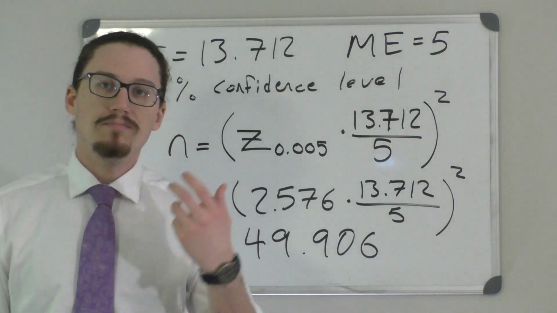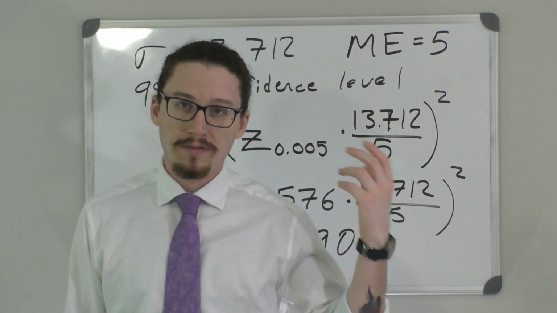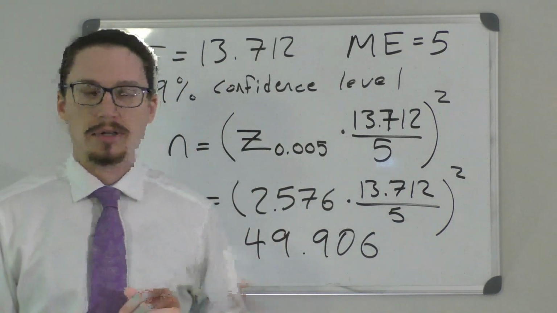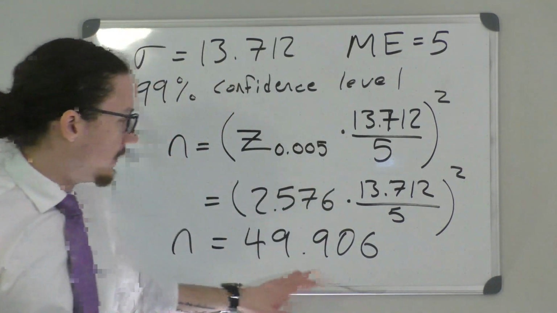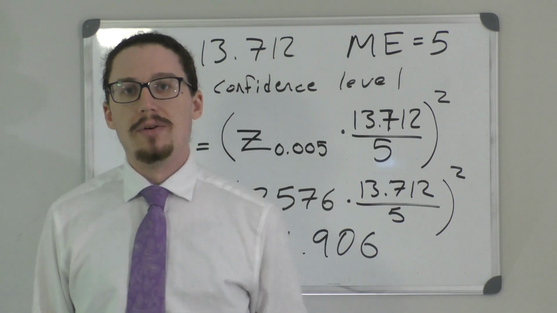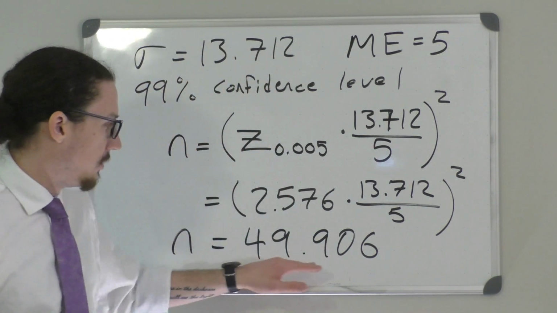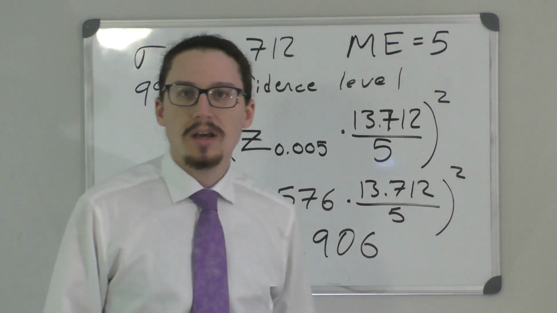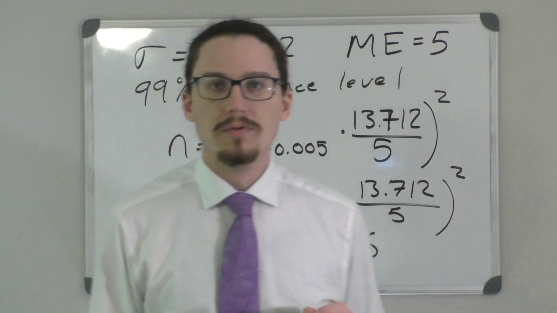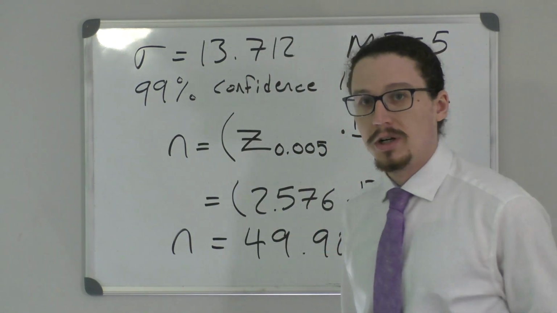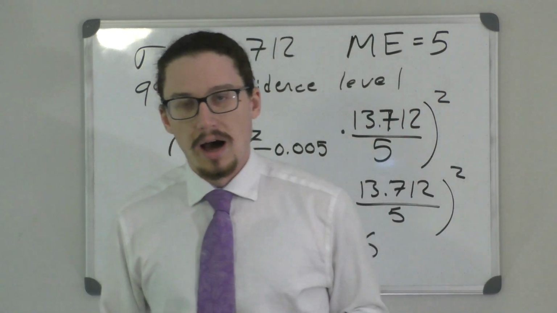So we would need a sample size of 50 to ensure a margin of error of 5 for the sample mean of the weight of apples at a 99% confidence level. This is one of those cases where we're always going to round up to the nearest integer. So even if this was 49.206, we would still round up to 50.